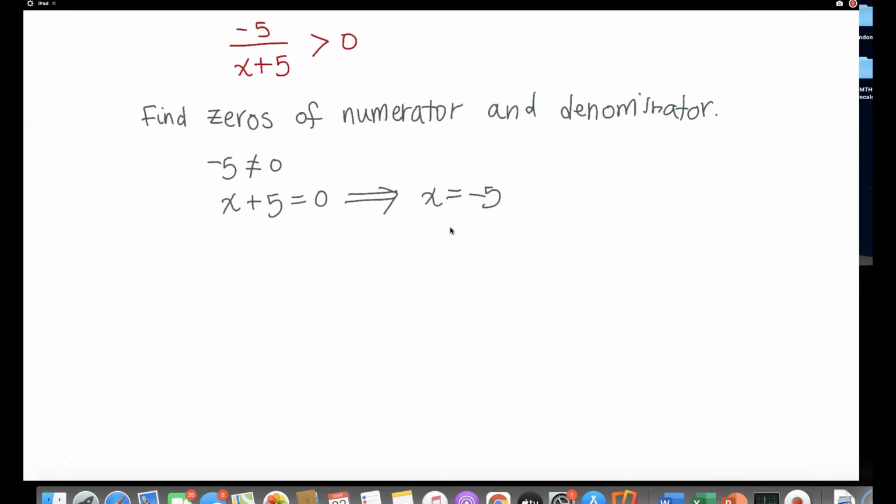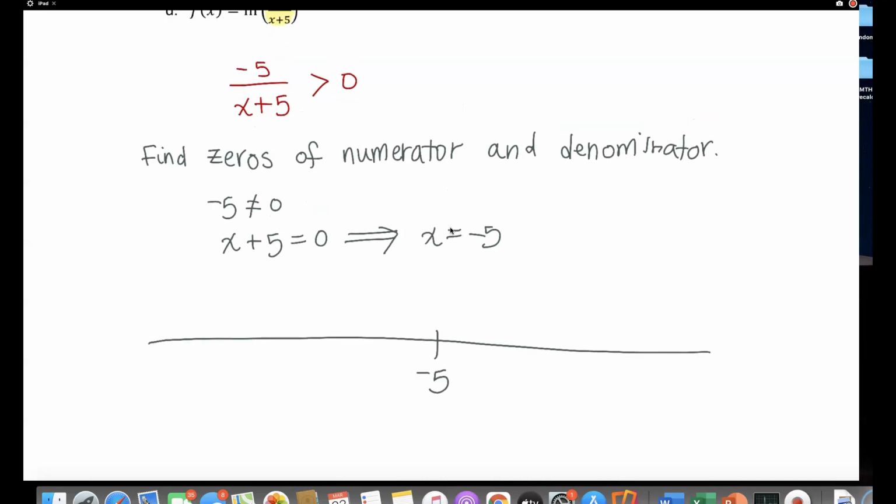So draw a number line. Put that -5 in the middle. Let's check the sign to the left and to the right of -5. I will plug in a number that's smaller than -5, x equals -6, into this inequality to see if that is true.